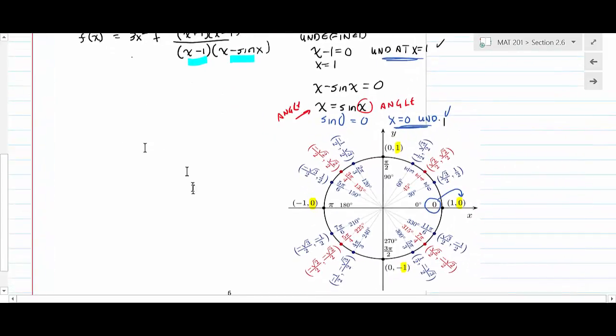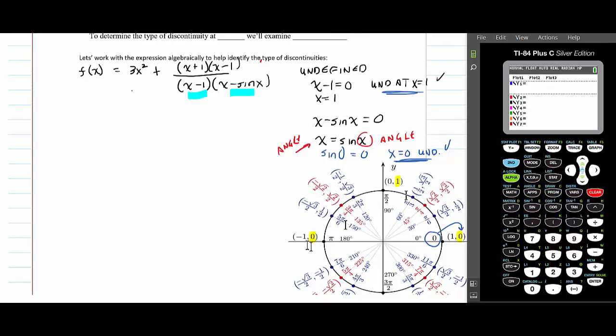Another thing I'm going to do with this, I'm going to pull up my graphing calculator and show you that. What I'm going to show you with my calculator here is we're going to graph the two sides of this equation. First of all, you want to make sure that you're in radian mode. So be sure you're in radian mode. And we're going to just put y equals x in, which is a line.